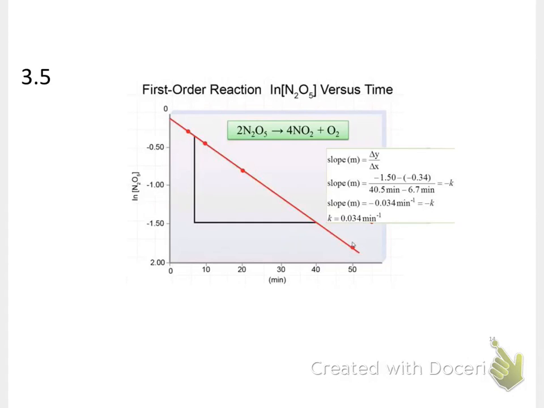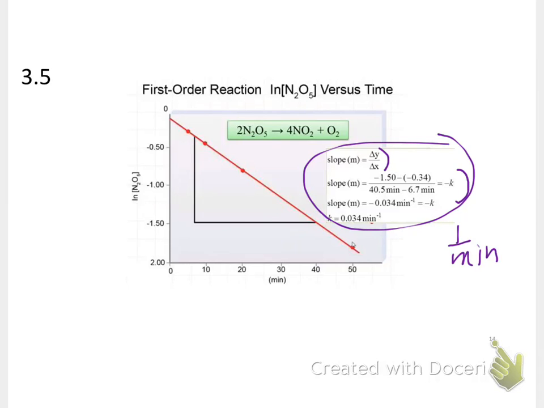Okay, so you probably don't have this level of precision because you weren't able to read the graph exactly to as fine a degree. But if I do my change in y over my change in x, these are the points that I've picked. And if I plug them in, I get a value of 0.034 per minute, or 1 over minutes is my unit.